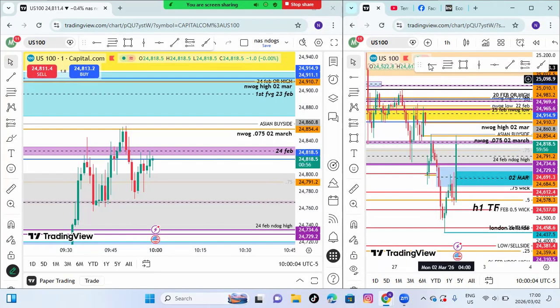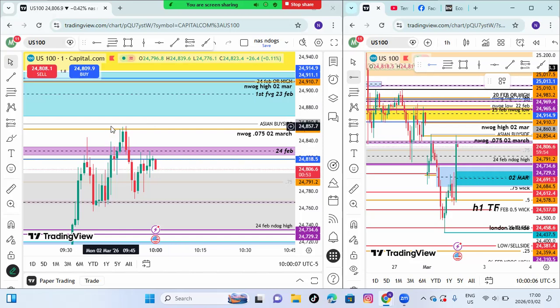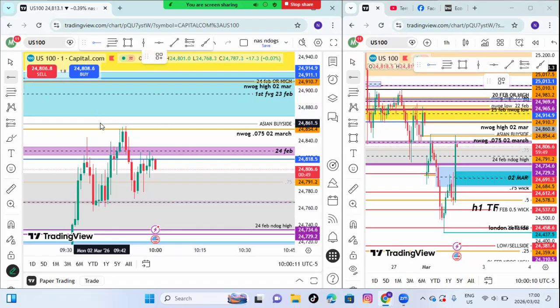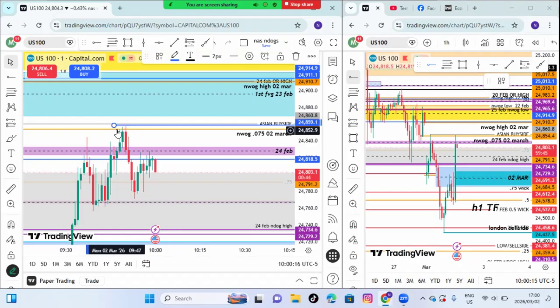So this is now the OR high here. There we go. In blue, the OR high, opening range high.